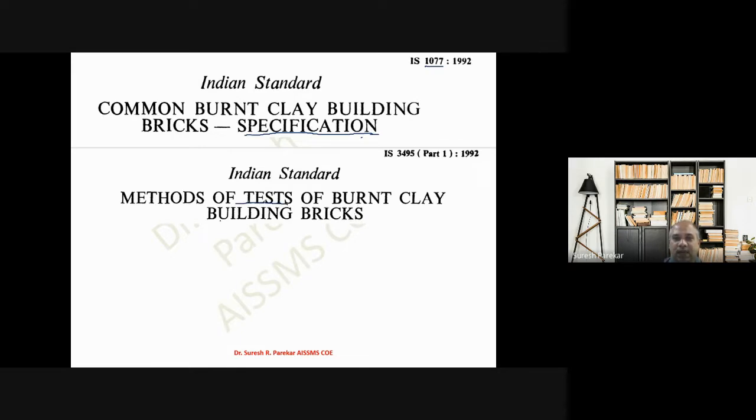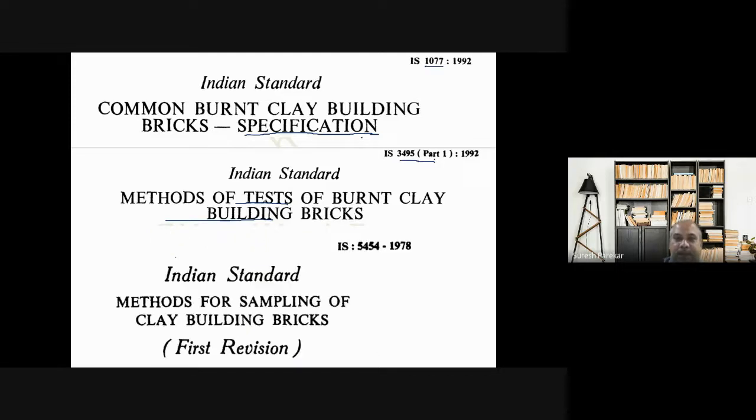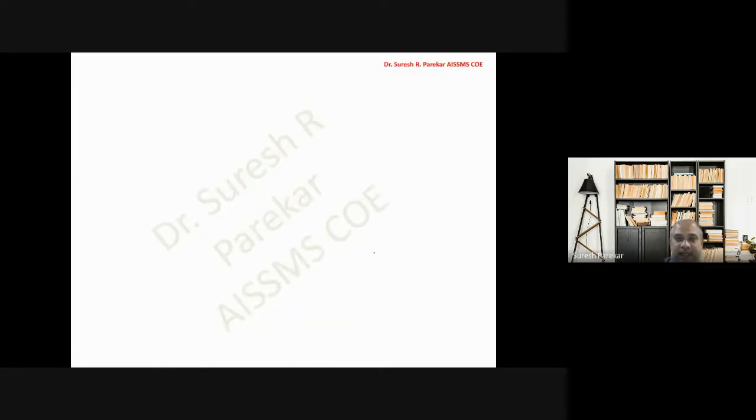The different methods we have to perform while going for tests on bricks are in the four parts of 3495. Then for sampling, the guidelines on sampling or discarding are given in IS 5454 1978.